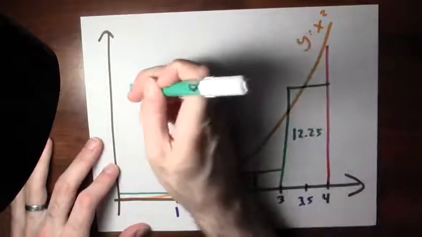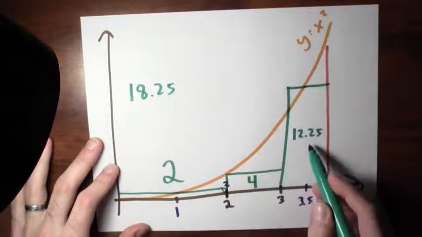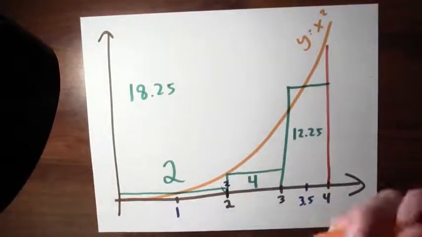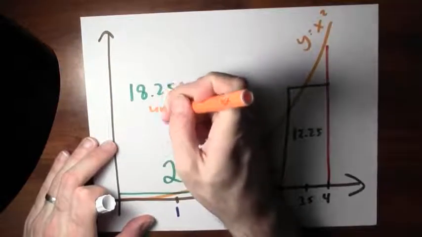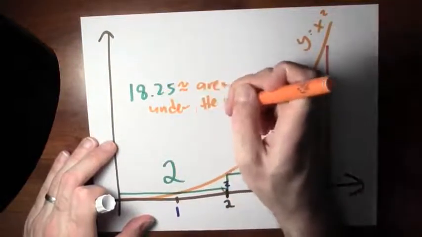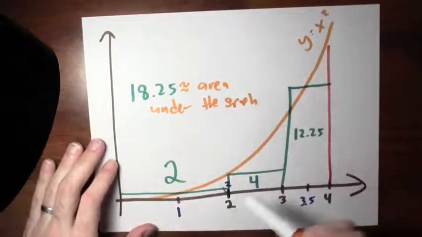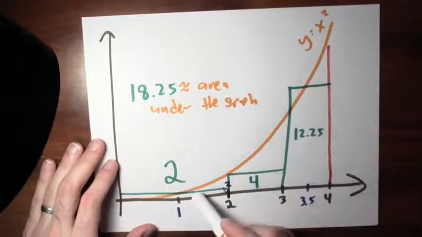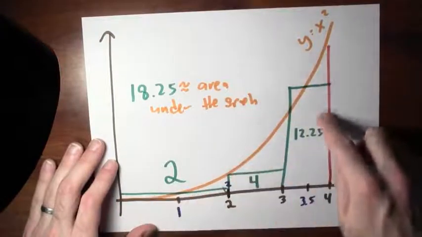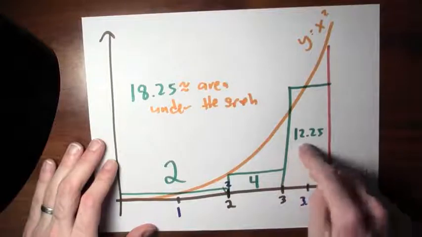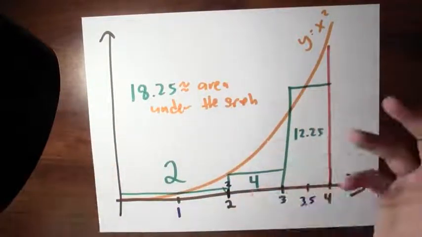Altogether, that means that 18.25, 2 plus 4 plus 12.25, is approximately the area under the graph. I've replaced this curved region with an approximation using these 3 rectangles, which turns out to be 18.25 as my approximation.